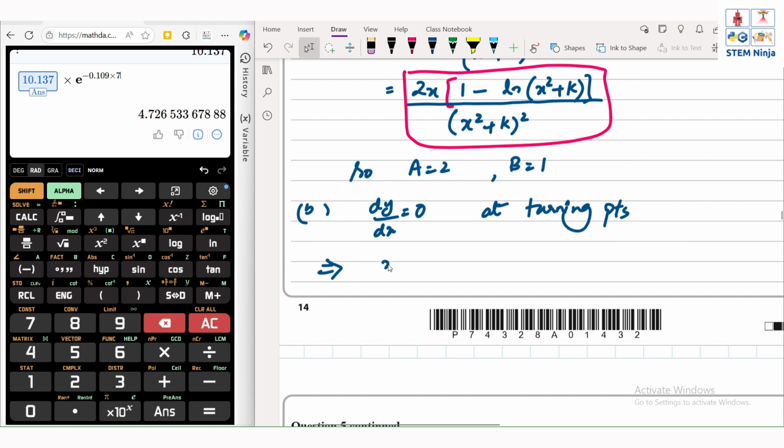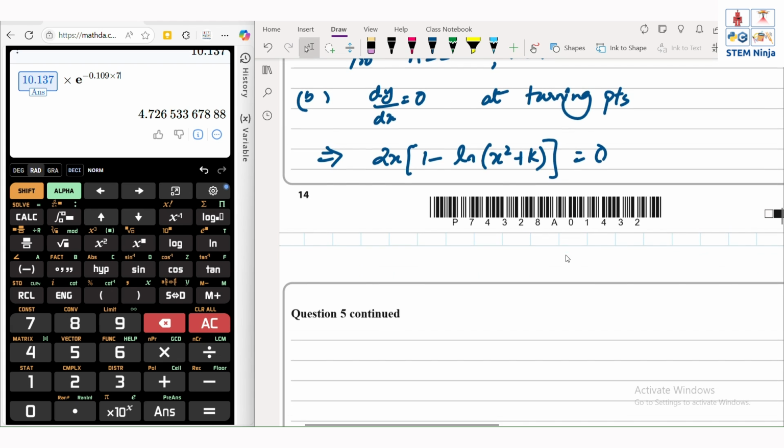So this means that you have 2x(1 minus ln(x squared plus k)) equal to 0. So furthermore, that means either x is equal to 0 or ln(x squared plus k) equals 1. So just one by one put them equal to 0 basically.